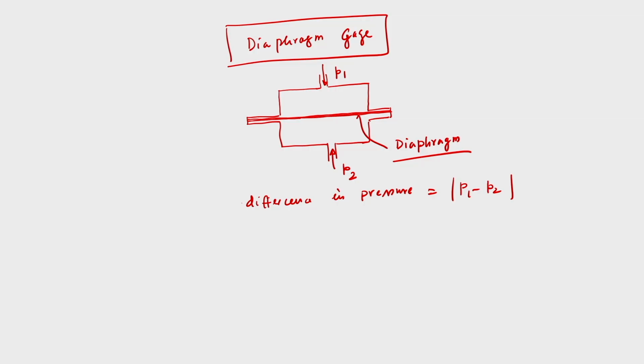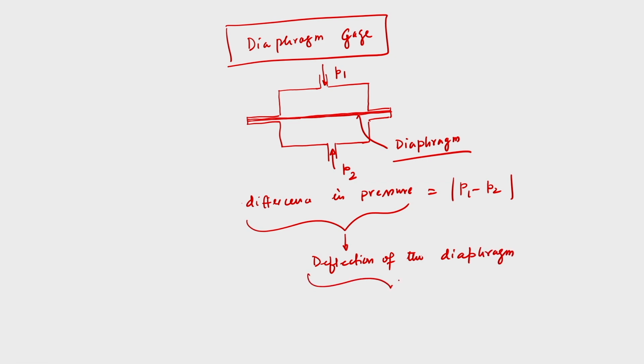So, now the pressure difference is P1 minus P2. Because of this pressure difference there will be a deflection of the diaphragm.